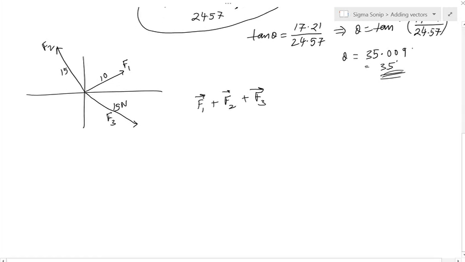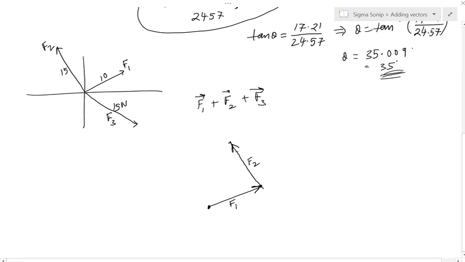This is my starting point, and this is my F1. Now the next vector, I should start from the tip of the first vector. So here, that's my F2. And F3 goes in this direction.